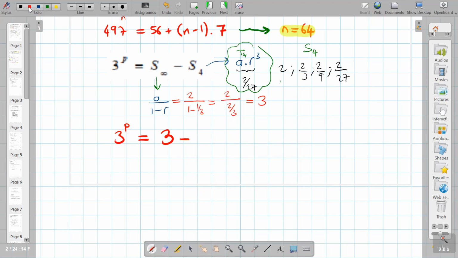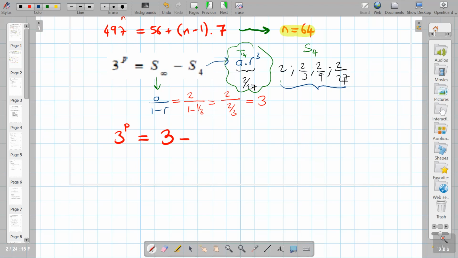Okay, we have to add all of them, or we have to use the sum formula for a limited number of terms, not infinity, the other one. I prefer adding this. Instead of using that formula, we can just add this, and then we will subtract it from 3. Okay, let's find S4 over there.